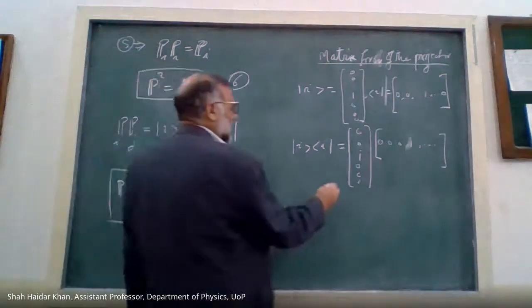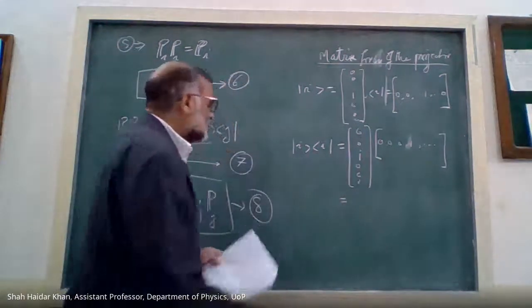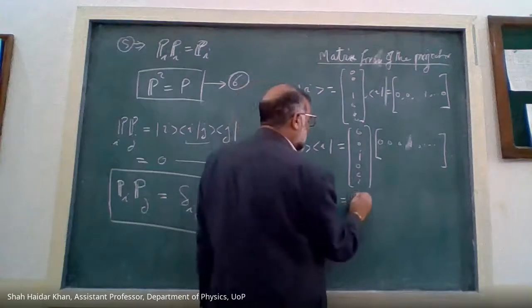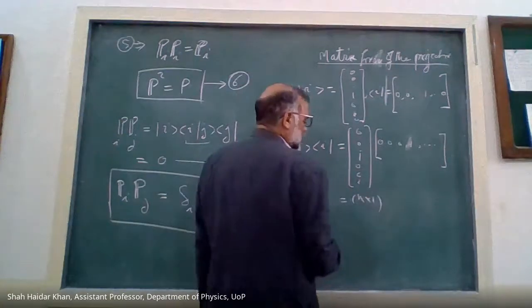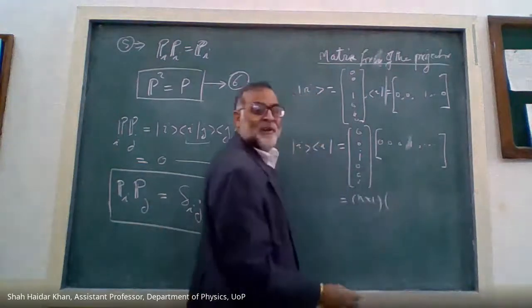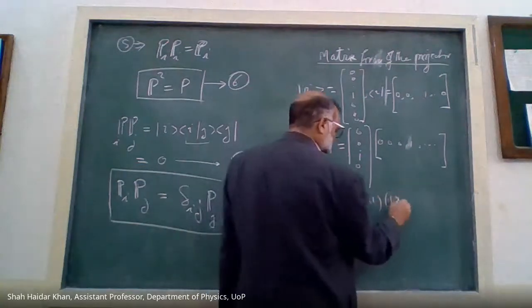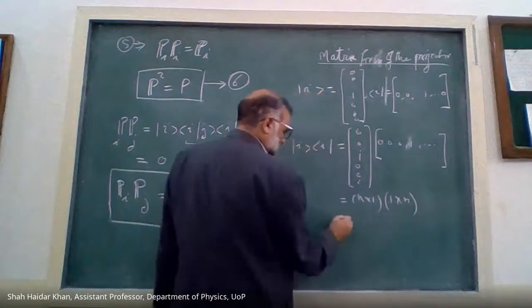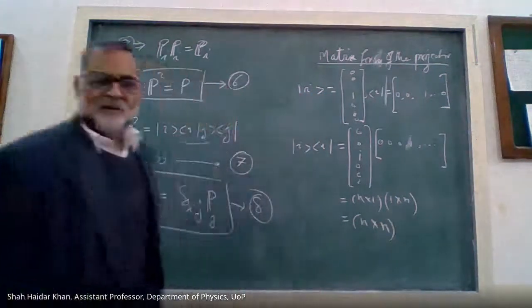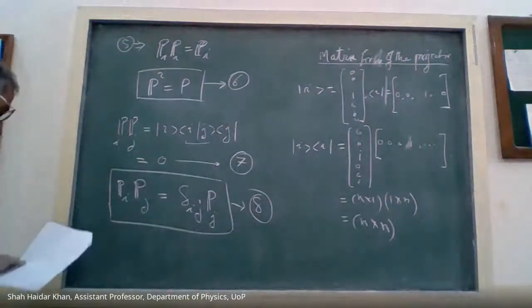This is n rows and 1 column, and this is 1 row and n columns. So this product comes out to be an n by n matrix.